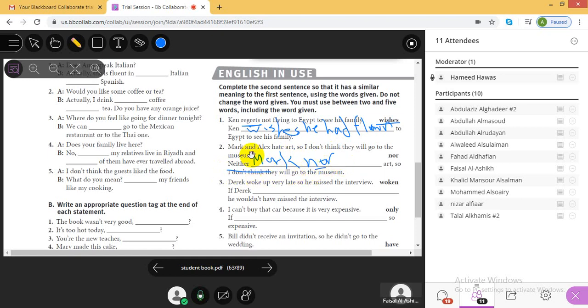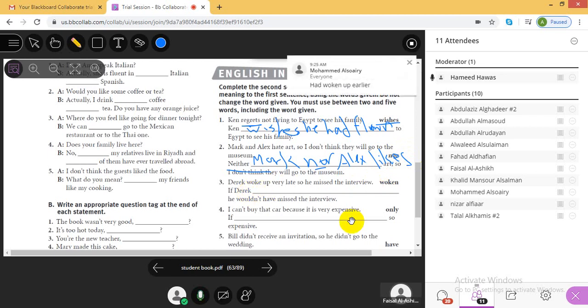Neither Mark nor Alex likes. Even though the sentence here is positive, it gives us a negative meaning. Okay, we use neither and none to give us negative meaning, even if the sentence is positive. Okay, let's come to number 3.